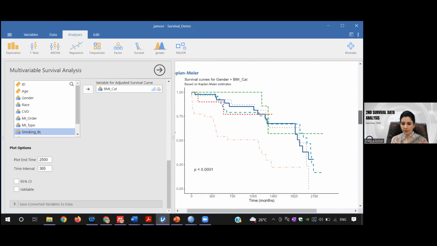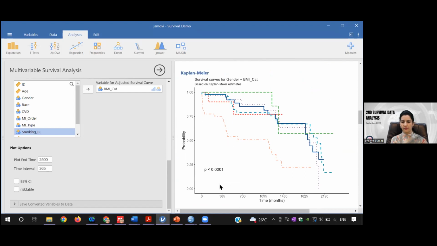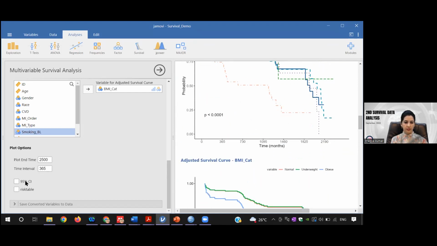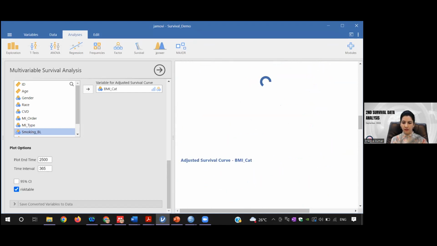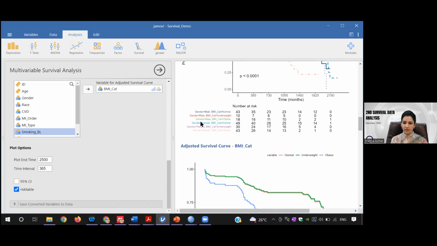If you go up, you can see there are many lines. If you see the Kaplan-Meier, it gives you 1, 2, 3, 4, 5. And the risk table will appear here for this Kaplan-Meier. So it makes the graph very complicated. It gives you gender, male, and in male it gives all the 3 categories, and in female all the 3 categories.